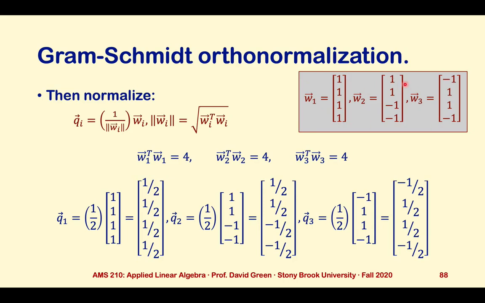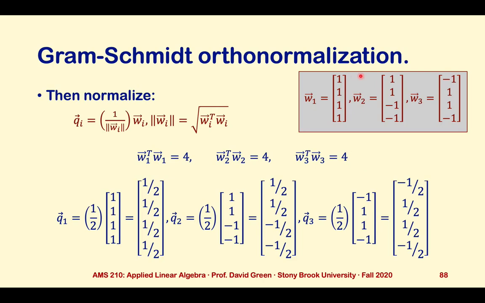Our last step is to normalize these vectors, convert them to vectors in the same direction, but with a length of 1. We do this by taking each of these vectors and scaling them by 1 over their length, 1 over their norm, where this length is given by the square root of the dot product of the vector with itself.